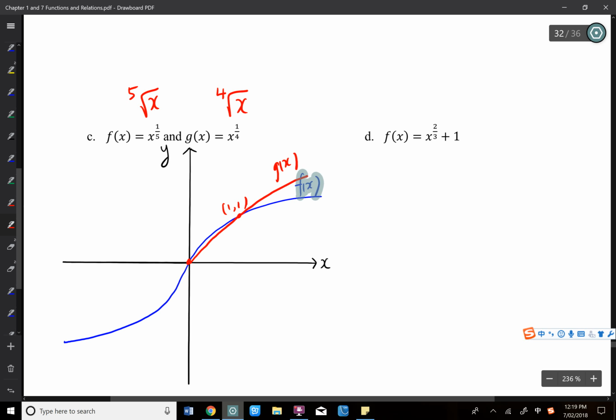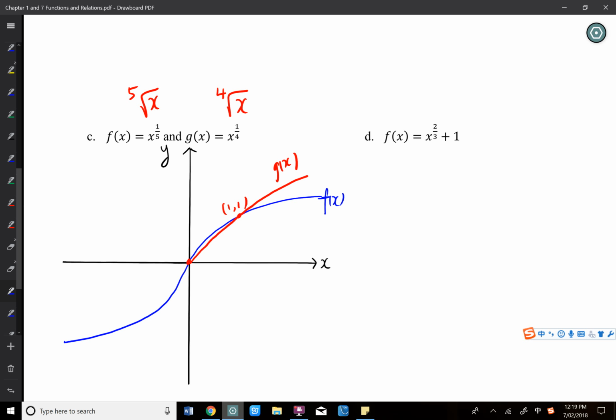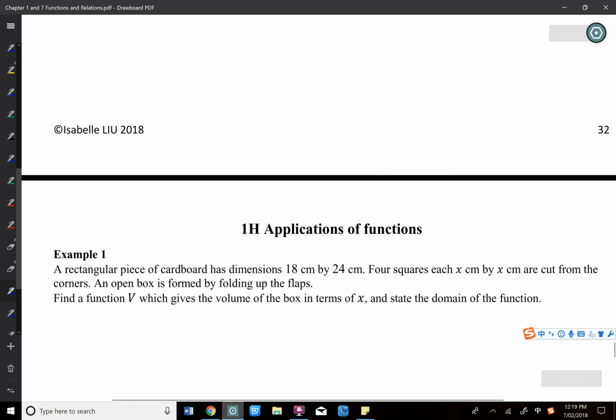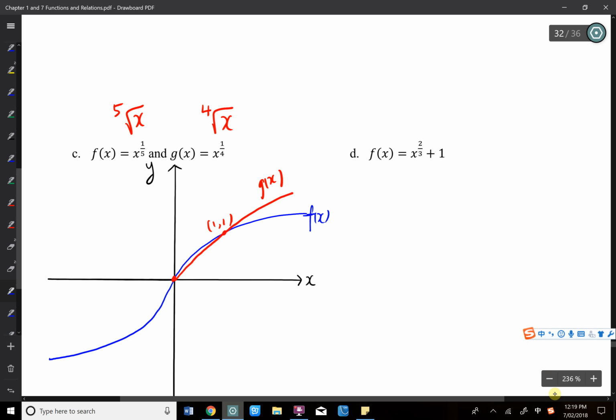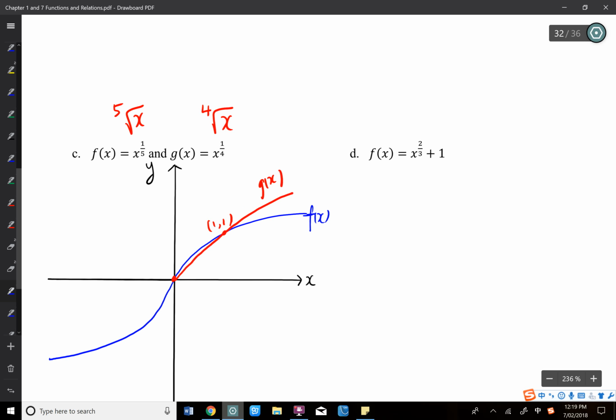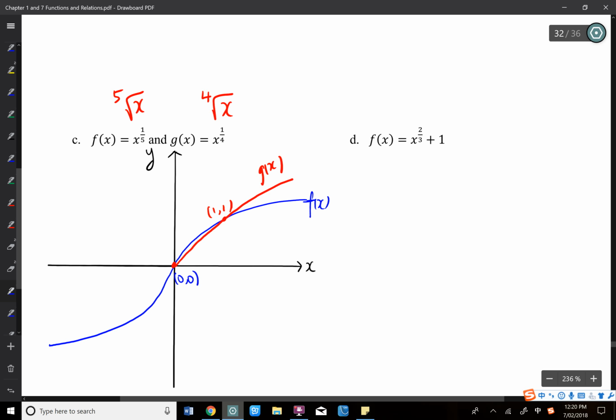When you sketch your graph, if there's more than one graph, you need to label them. Any questions? I need to label the intersections 0, 0 and 1, 1.